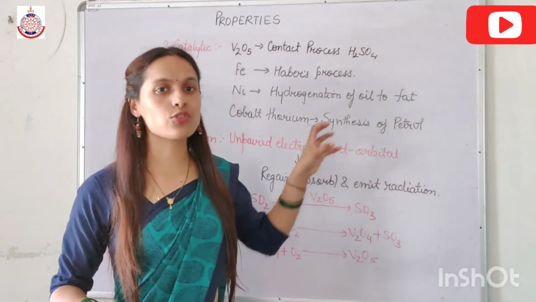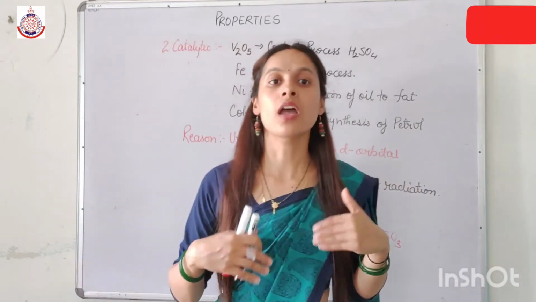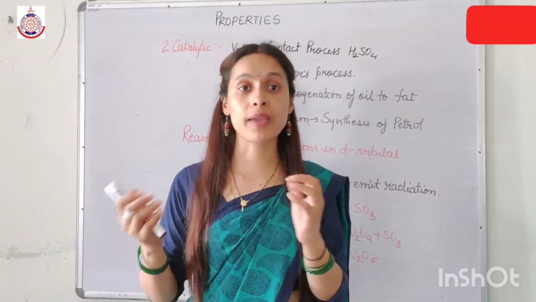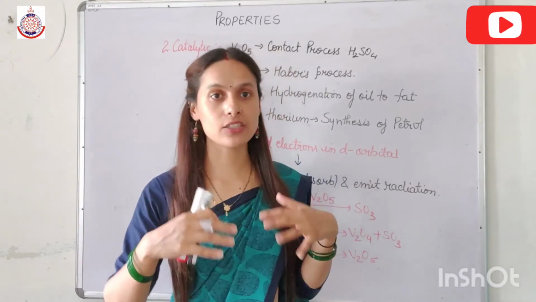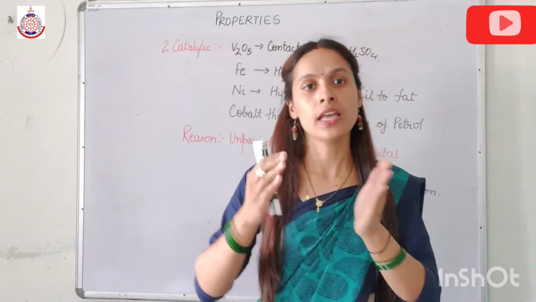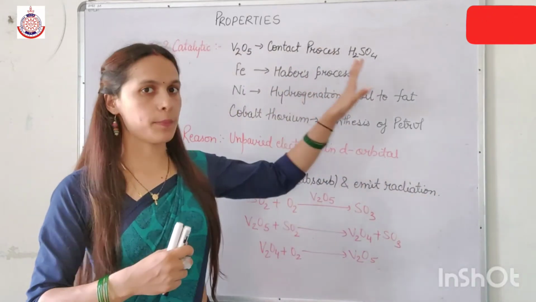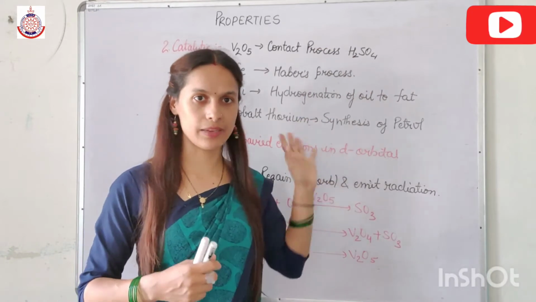So in some cases, transition metal atoms provide an increased surface area, which results in maximum adsorption of the reactant, and due to the adsorption of the reactant, the rate of the reaction becomes faster. So these are the catalytic properties of the d block elements.